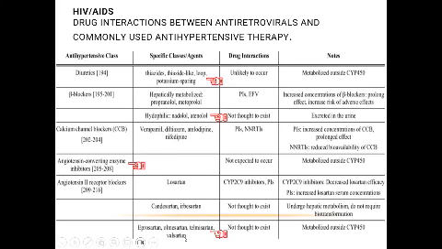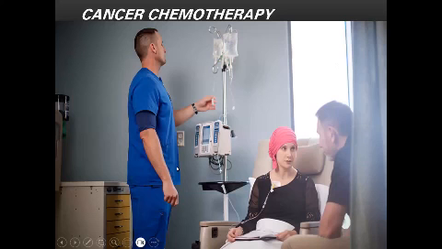And of course, valsartan is the best receptor blocker to be used in HIV, because the drug interaction is not supposed to happen with valsartan. So the cardiac drugs which will not have a significant drug interaction with HIV therapy are diuretics, atenolol, ACE inhibitors, and valsartan. These are the drugs you have to select when the patient is on HIV therapy.